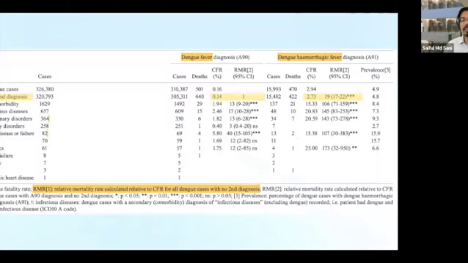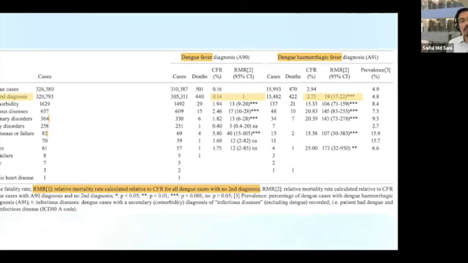And what did they find? In the first column are the patients with dengue fever, and the second column are patients with dengue hemorrhagic fever. As you can see, they are still using the 1997 method of classification. I'd like to highlight that they are using as a statistical measure the case fatality rate, CFR.